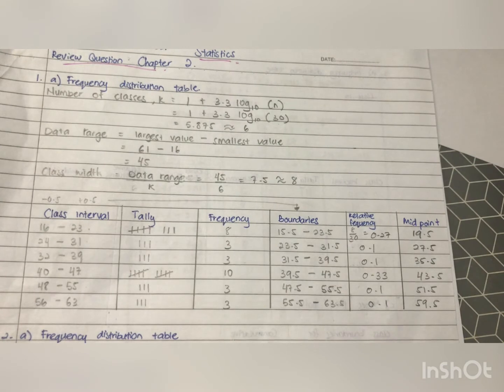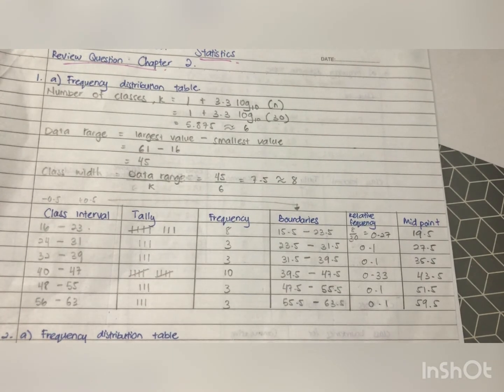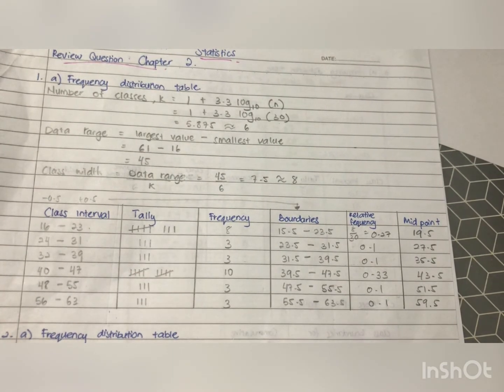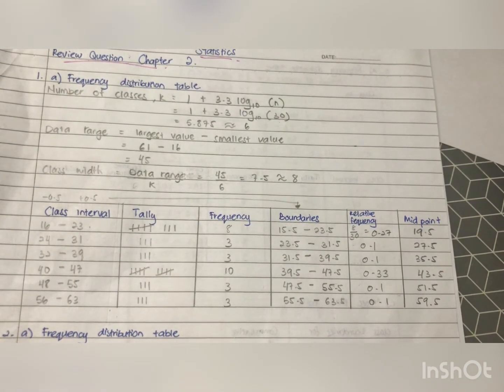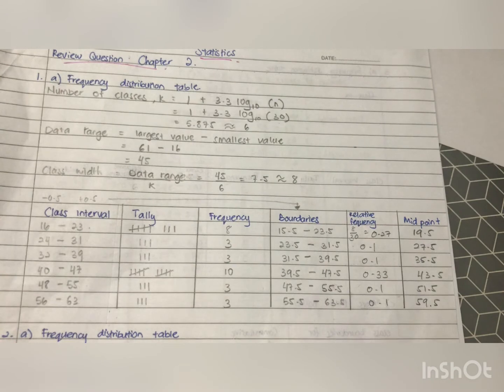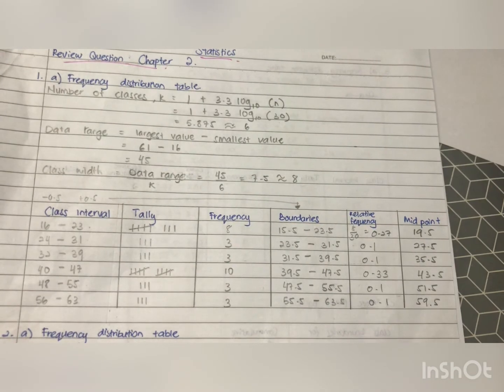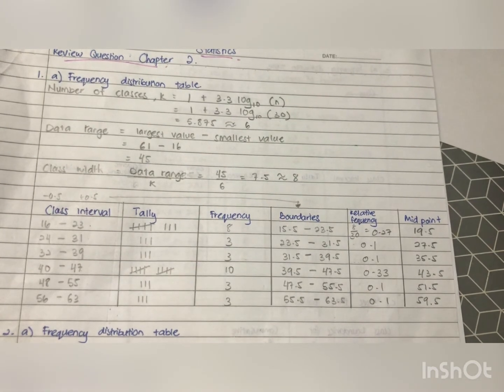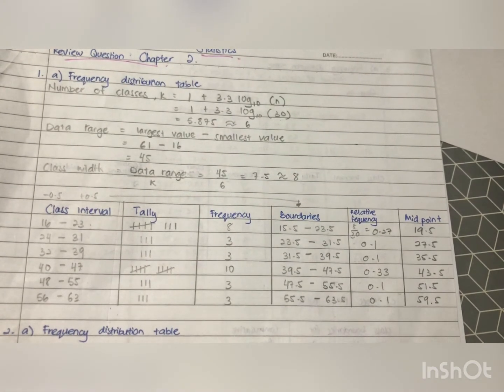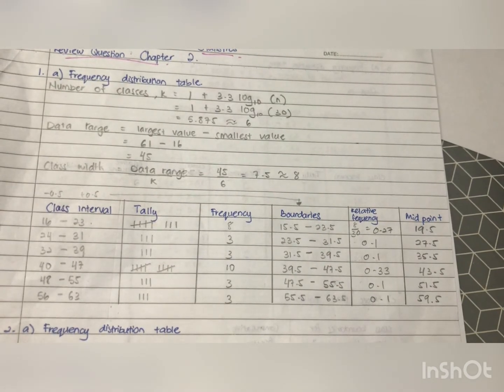So 16 plus 23 divided by 2, and it will become 19.5. For the second class, 24 until 31, the midpoint will become 24 plus 31 divided by 2, and it will become 27.5. You need to find the midpoint for each class until the end.